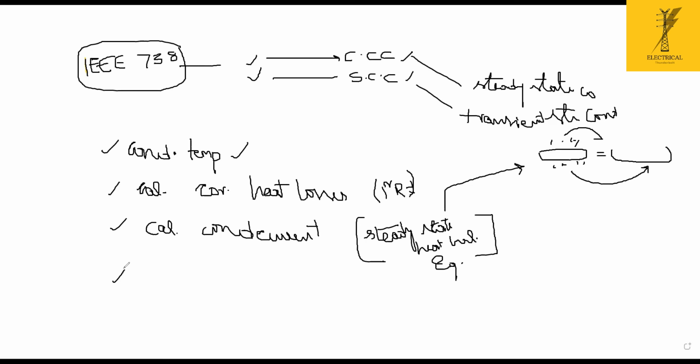So that I can say, this is the current which will flow based on this temperature. Now I am calculating the calculated current. Now I am comparing this calculated current with the given conductor current by the manufacturer or as per the standards, whatever it may be.